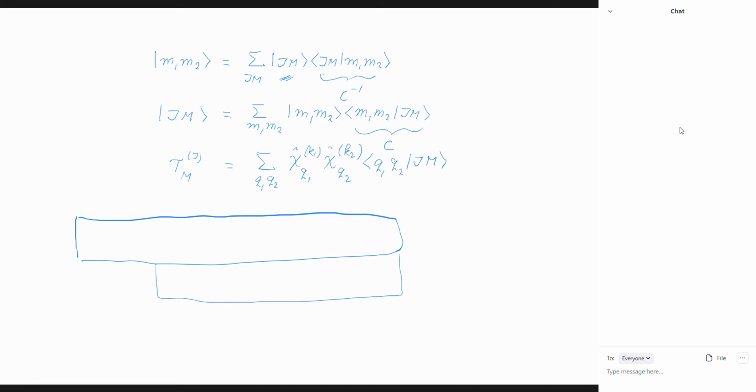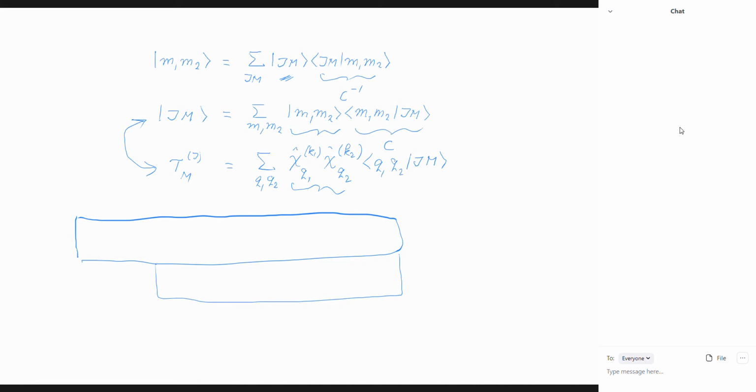So this is just the analog of this one here. It's identical. This is the analog of the product of two angular momentum states, and we have the same Clebsch-Gordan coefficients that determine the linear combinations.